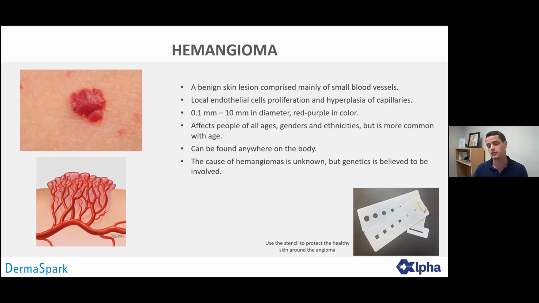And I strongly recommend, when you do treat hemangiomas, use the stencils that come with the system, with the Alpha, to expose only the hemangioma itself and protect the surrounding skin around it, because you see that this is a very well-defined lesion. The skin around it is relatively unaffected, and we don't want to waste energy on the healthy skin around the hemangioma. All right, so this is a few words about hemangiomas.